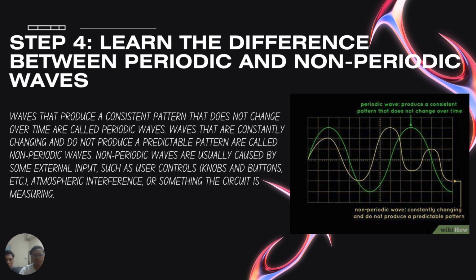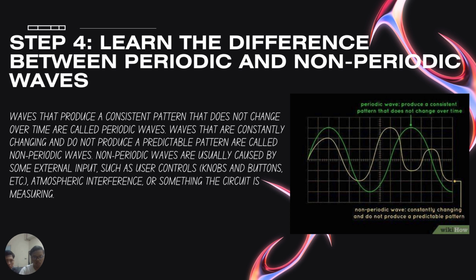Step 4. Learn the difference between periodic and non-periodic waves. Waves that produce a consistent pattern that does not change over time are called periodic waves. Waves that are constantly changing and do not produce a predictable pattern are called non-periodic waves.